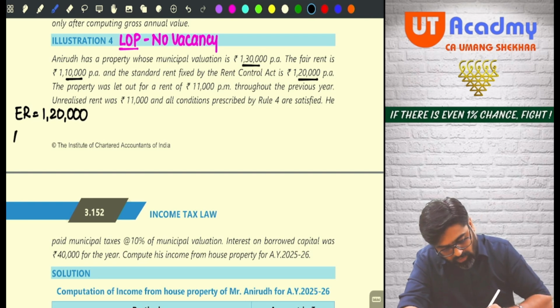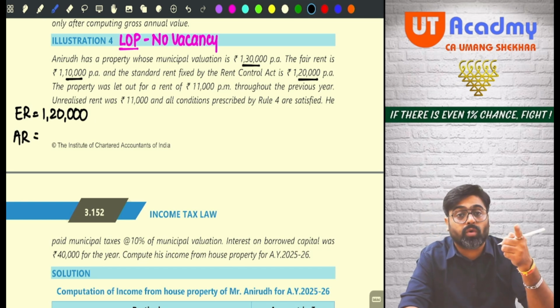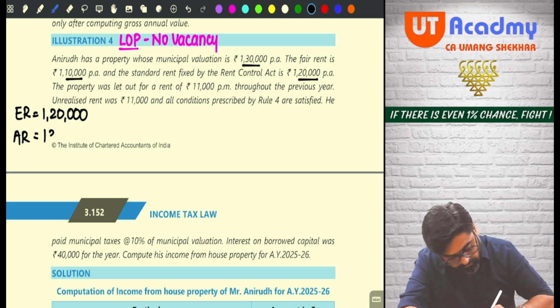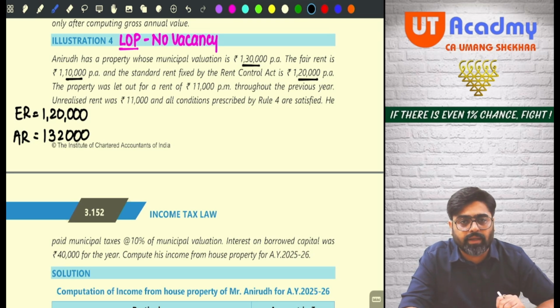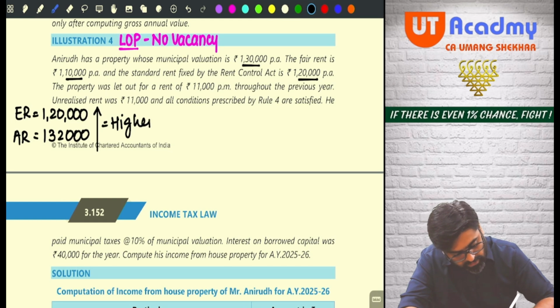And what will be my actual rent? Actual rent will be 11,000 per month into 12 months let out period. Yes or no? Will be 1,32,000. Everyone got this? Was there any vacancy? The answer is no. If there is no vacancy, actual rent or expected rent, whichever is higher. Higher is GAV.